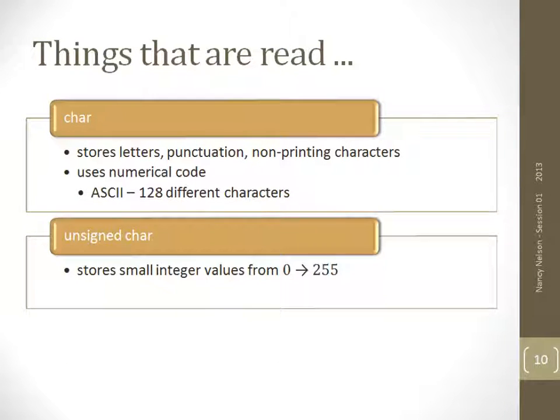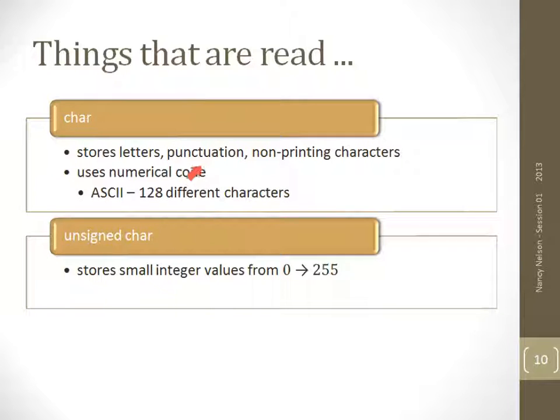Now let's talk about things that are read. So oftentimes when we're working with computers, we need words, we need to prompt the user, or the information that's coming in is a text file that we need to be able to get in and use. So we're going to use the keyword char, C-H-A-R, for character. And a character can store letters, whether they're uppercase or lowercase.